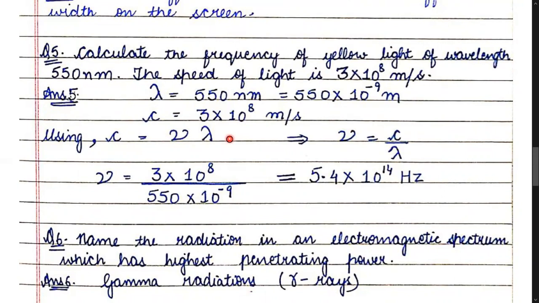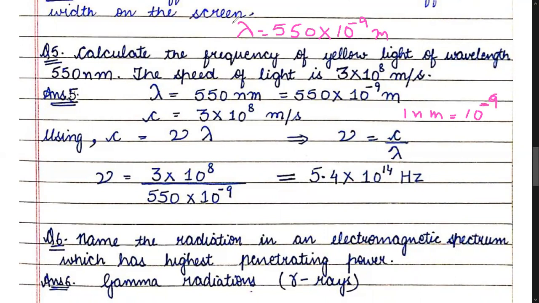So the next question is, calculate the frequency of yellow light of wavelength 550 nanometer. N stands for nanometer. So the wavelength is given to us, which is 550 nanometer. Now children, nano can be written as 10 raised to power minus 9. 1 nanometer is equal to 10 raised to power minus 9.